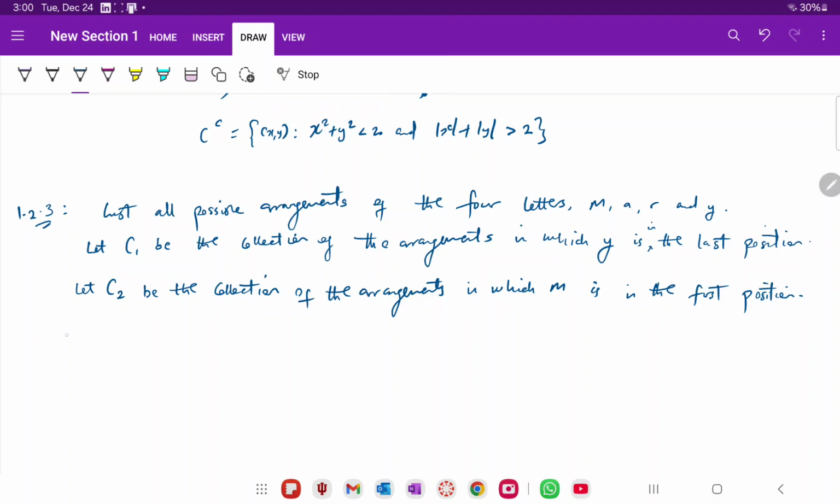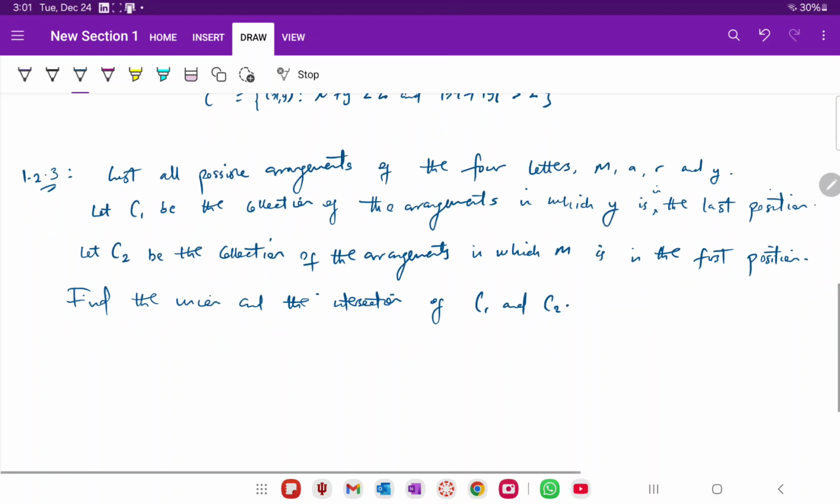So we have to find the union and then the intersection of C1 and then C2.